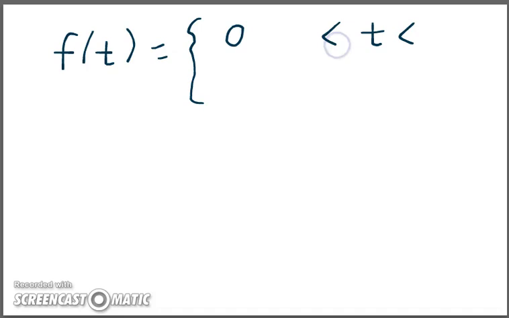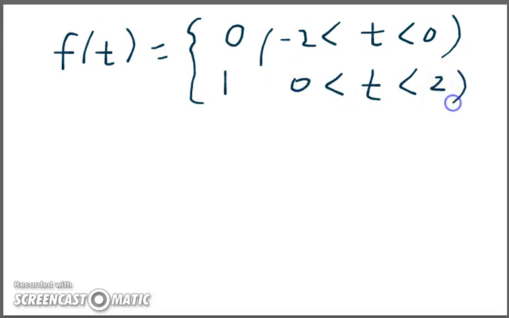Fourier series expansion. So now we already know that f(t) equals 0 for t from -2 to 0, and 1 for t from 0 to 2.